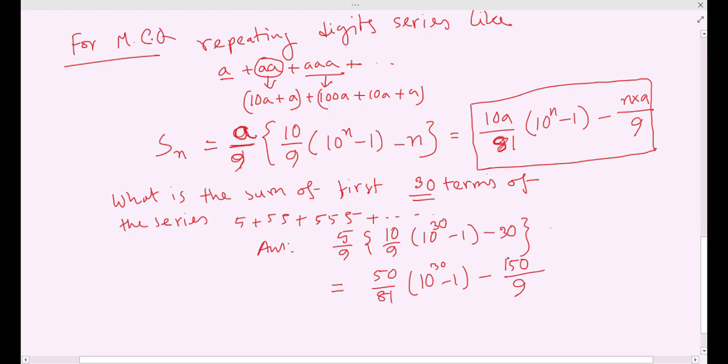You can say 50 by 3 like this. So this is the answer. You can write it for this instance. So I think you have understood this kind of problem, and you will be able to solve this kind of problem.